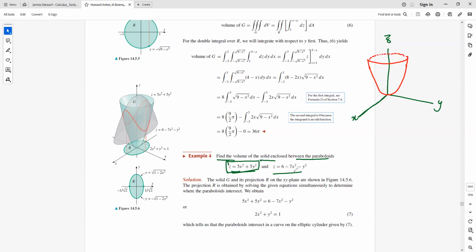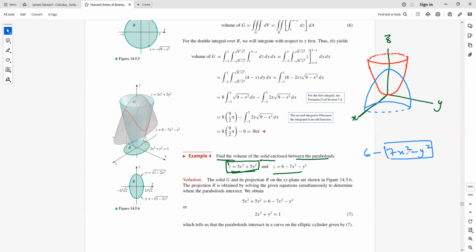And then the second one, that is 6 minus 7x squared minus y squared. This is just shifted to 6 on the z-axis, so let us start it from here, like this. Its cross-section is elliptical, since we can see here that it is 6 minus 7x squared minus y squared.